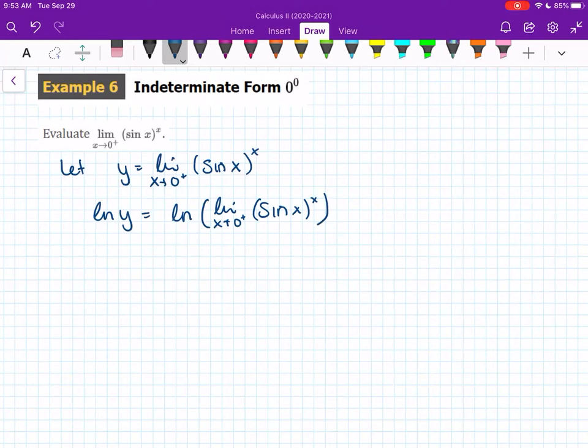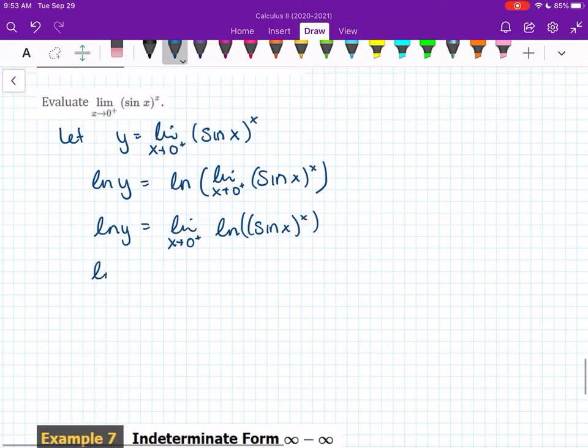But first I'm going to switch the natural log and the limit, and we can do that because natural log is continuous. So natural log of y equals the limit as x approaches 0 from the right of the natural log of sine of x to the x. Now I'm going to bring that x out front, so natural log of y equals the limit as x approaches 0 from the right of x times the natural log of sine x.